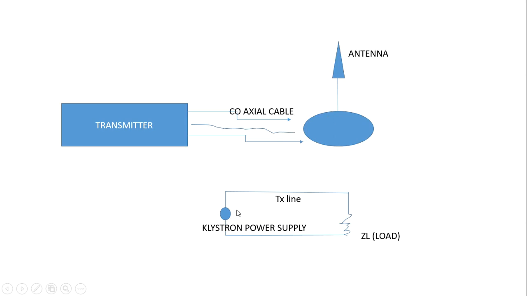Same way, in a microwave lab we give power through a Klystron power supply and a transmission line, which can be a coaxial cable or waveguide, and there is a load, here an antenna. The load should match the transmitter, that is, impedance matching should be done.